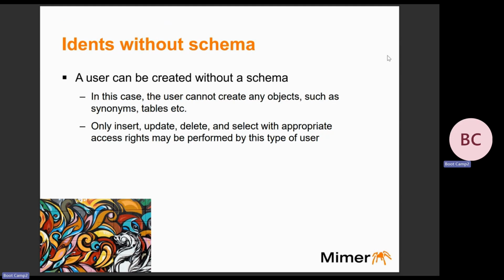You can make sure they're not filling up the database with 10,000 synonyms, for example, which anyone can do if you just have access to something. Without a schema, you can select if you've been given privileges, but you cannot create anything yourself.